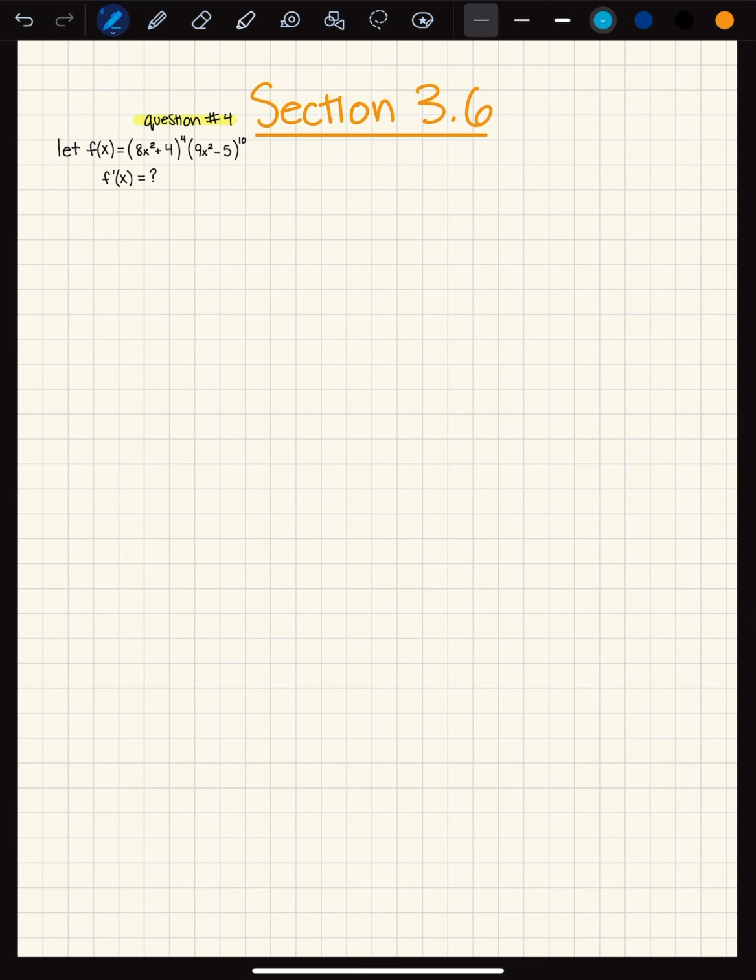The chain rule simply is you take the derivative of the outer function, leaving the inner function as it is, and then multiply by the derivative of the inner function. So we can split it up and do each one on its own.